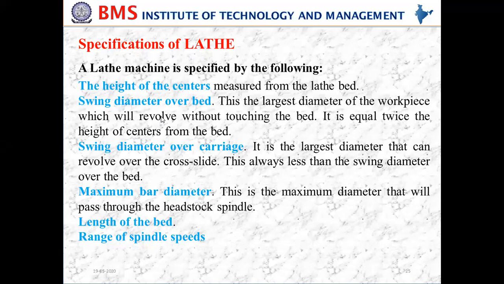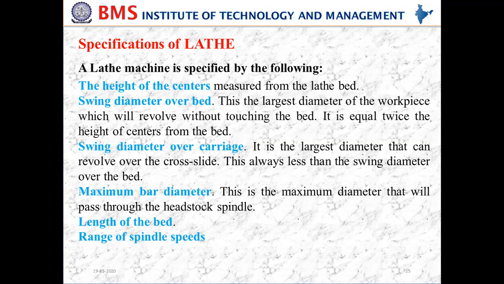One more is swing diameter over the bed. This is the largest diameter of the workpiece which will revolve without touching the bed. Generally, it is equal to twice the height of the centers from the bed. And one more is swing diameter over carriage.